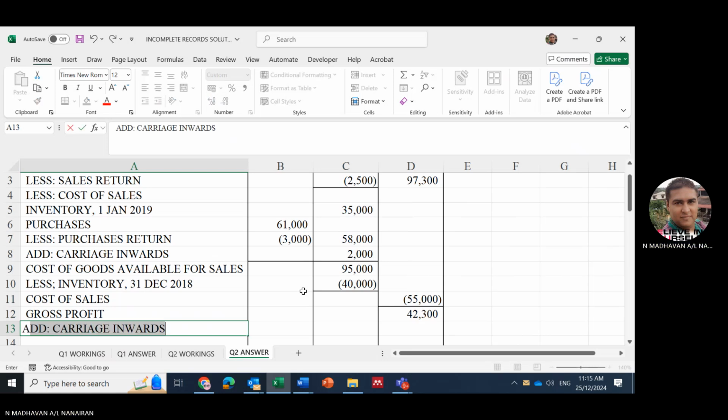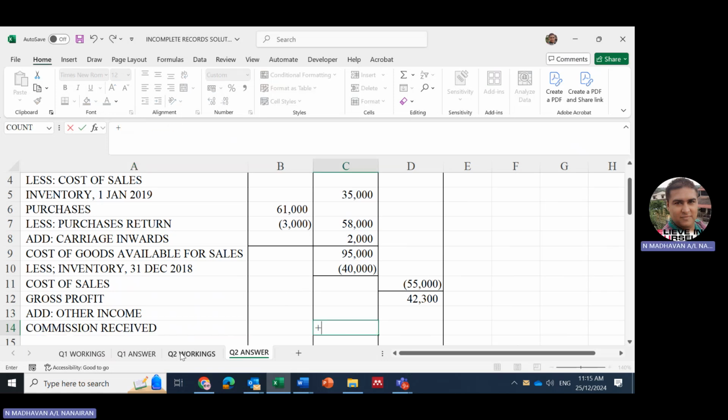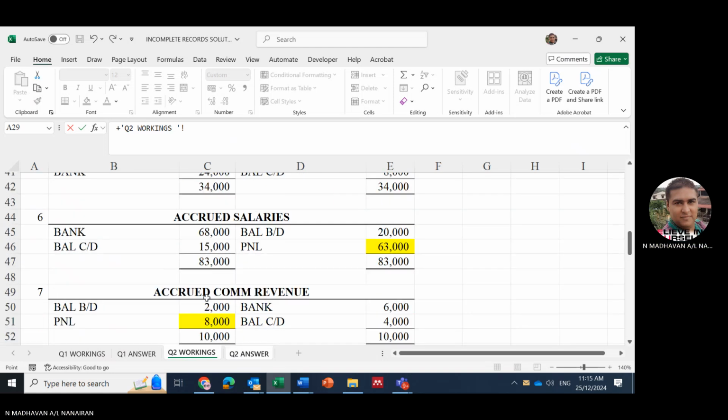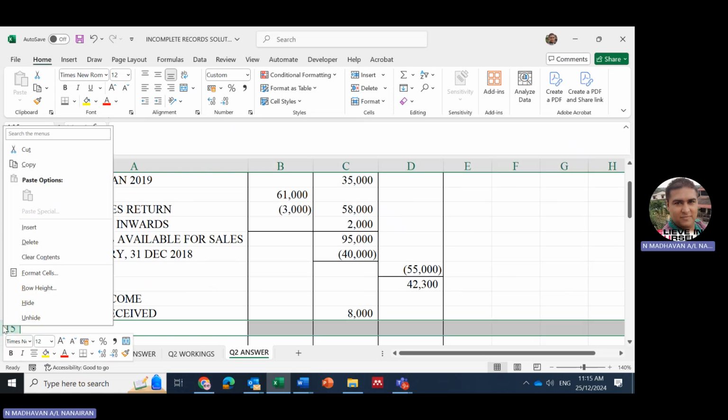Next one. Add other income. The first one you have is commission received. We did workings, right? Commission revenue is 8,000, correct? What else do we have?